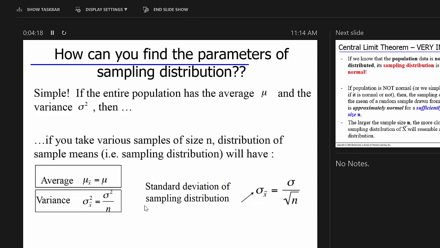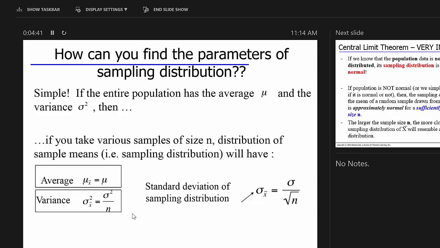All right, so here are two rules that always apply, regardless of what kind of population you have. Your population of cans can be distributed normally, or it can be right skewed, or left skewed, or bimodal or trimodal. Whatever the shape and form of your population distribution, these rules always apply. They're universal rules.